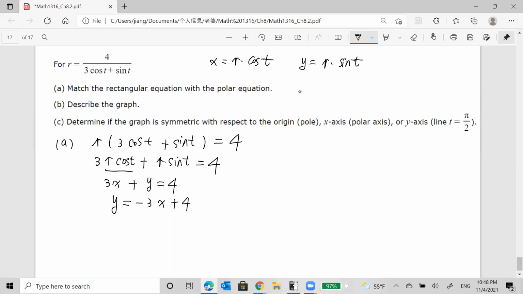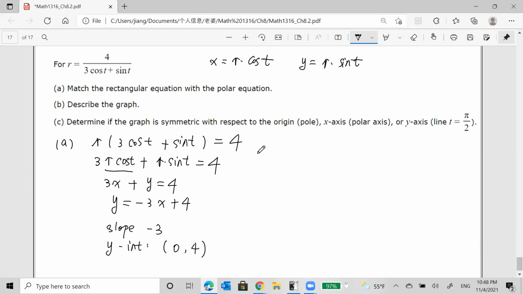That means the slope is negative 3, going down in this direction. What is the y-intercept? The y-intercept means make x equal 0. So when x equals 0, y equals 4, because plugging in 0 here gives y equals 4. So the graph looks like this.